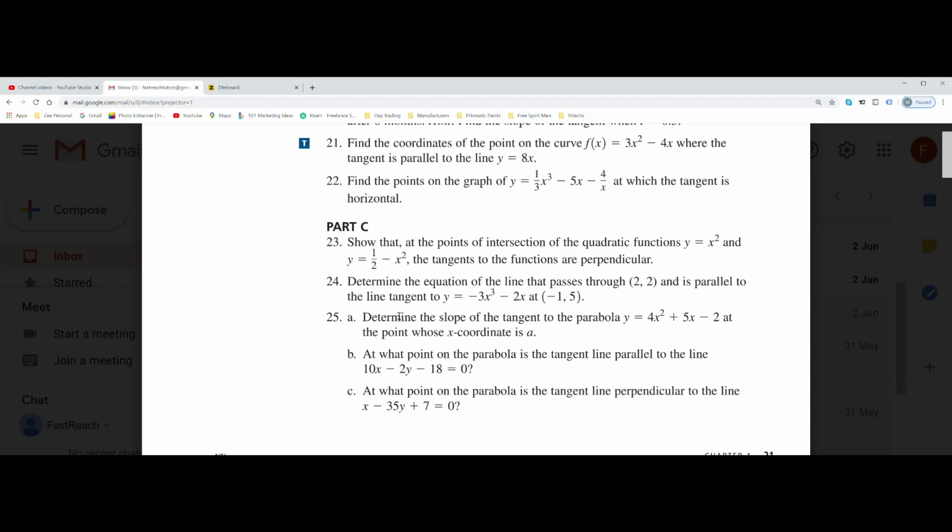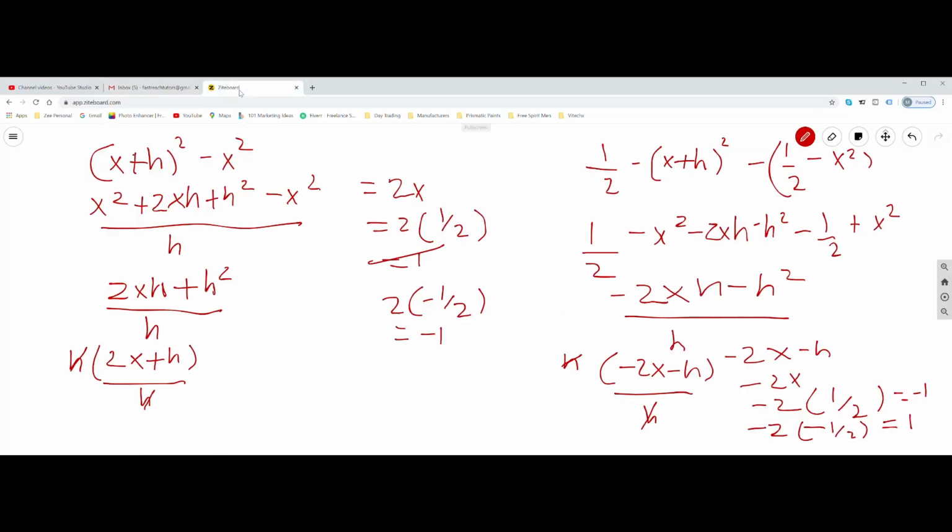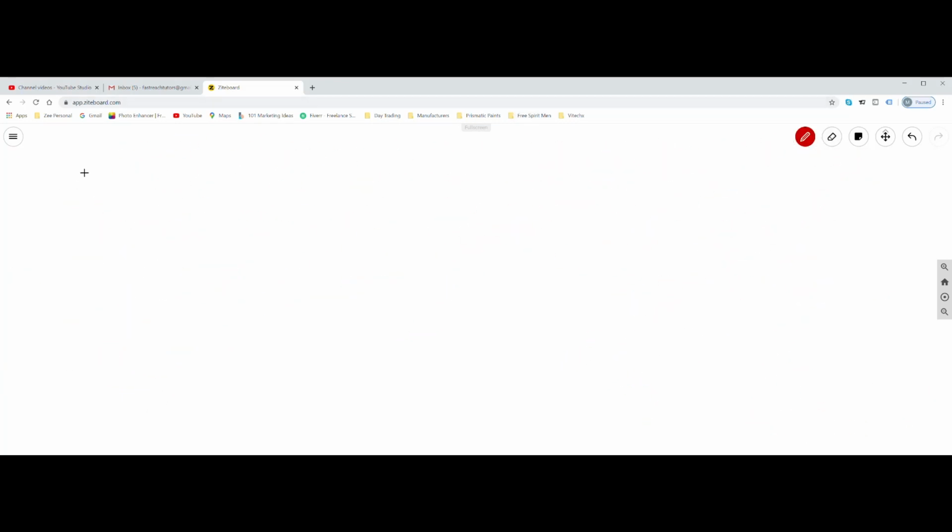So we did that. Now 24. We have y equals negative 3x cubed minus 2x.